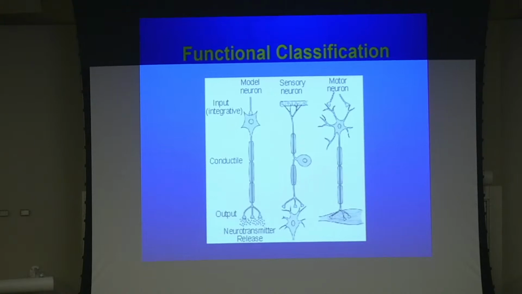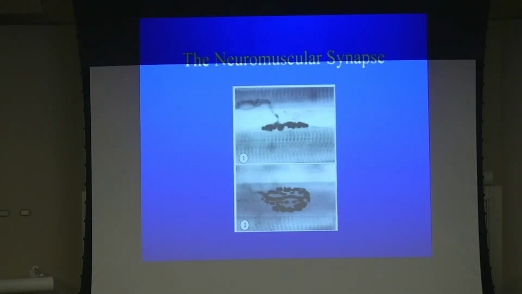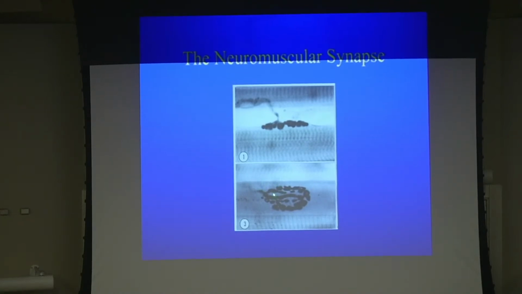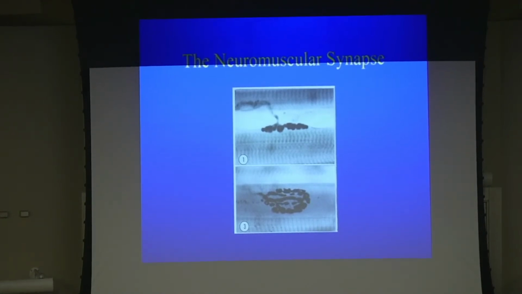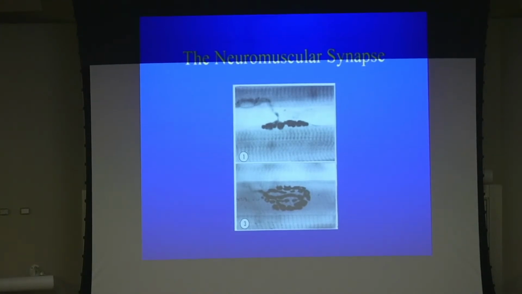The next image is one that shows one of these synapses. This in black is the axon terminal of the motor neuron. This is sort of a side-on view, and this is a face-on view. You can imagine what Langley was doing is he was walking along the muscle fiber until he reached just this point around the neuromuscular synapse, and the nicotine caused something to happen. There was a receptor substance. It told him that there was, for sure, a receptor substance.